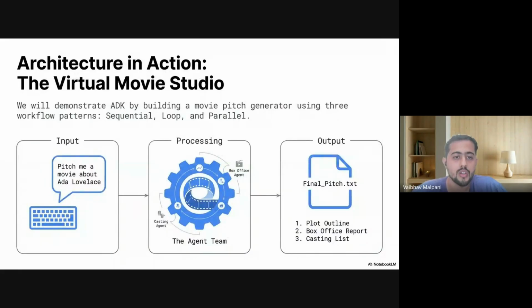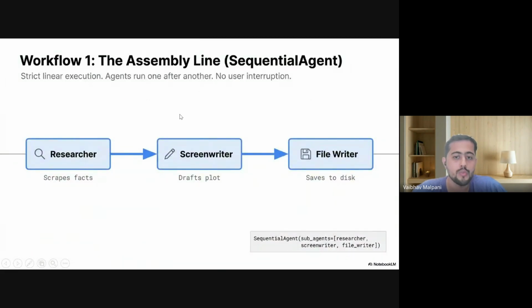So essentially, we'll look at 3 in this, which is sequential, loop, and parallel. The first being sequential, which will be very simple. You ask to write a simple script or a movie script. It will write it. We'll have a screenwriter agent. It will just write it to the file. So technically, these are 3 different agents, but they are all a sequential agent.